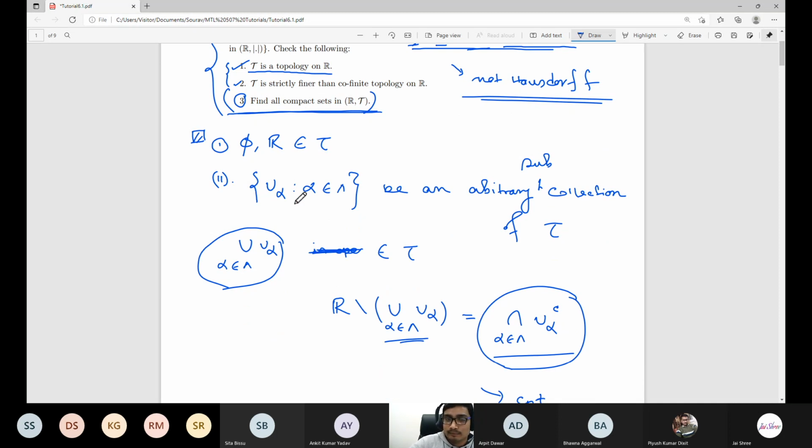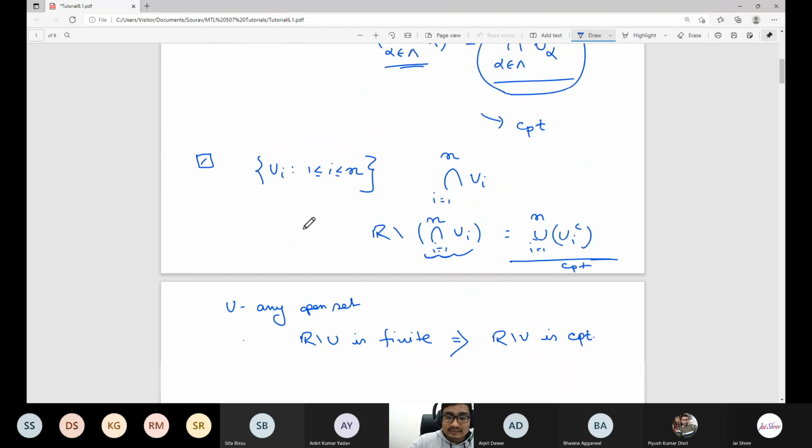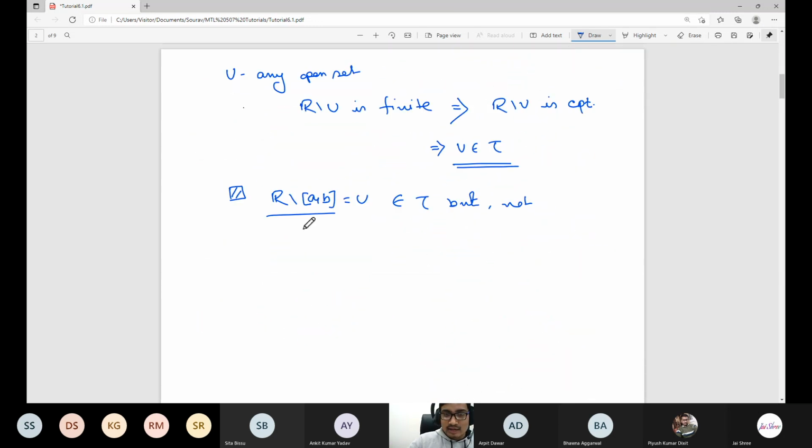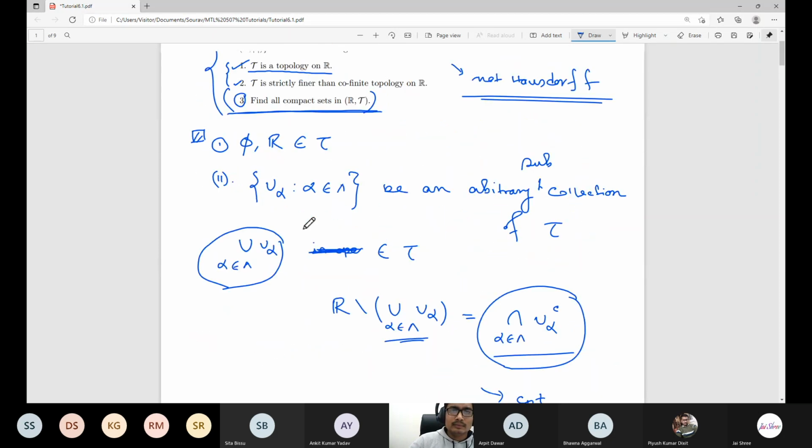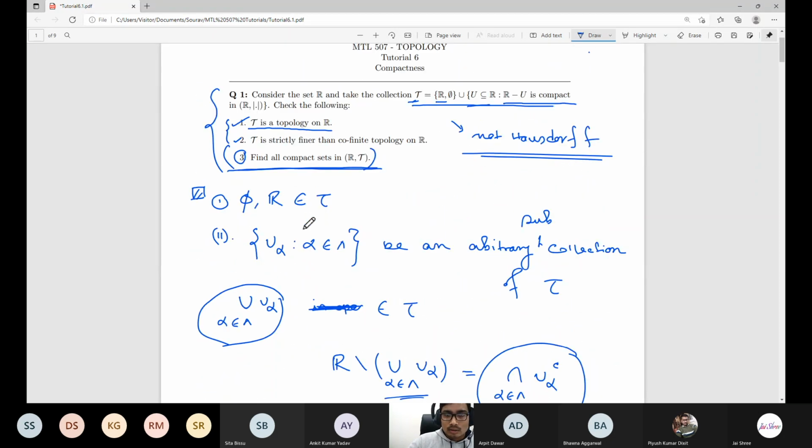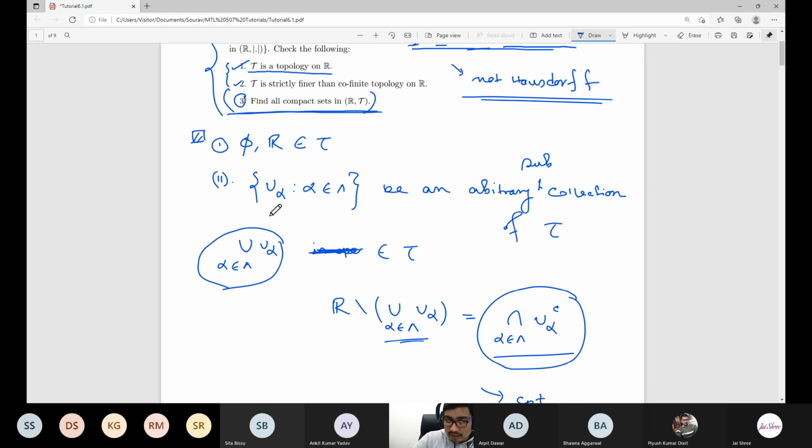If you have a counterexample, a set which is not closed but still compact, then you can bring this problem. If not, then I will make some progress on this problem, but I could not give all the compact sets at the moment. Okay, so can anybody have any idea?